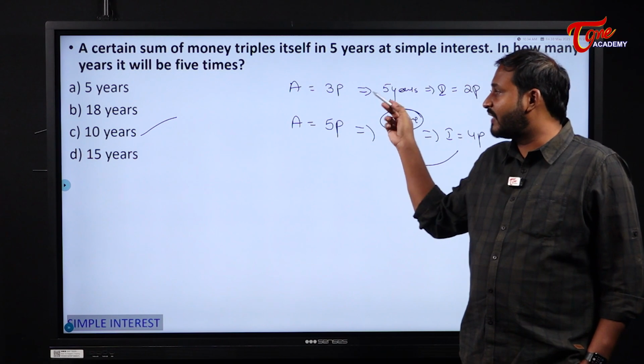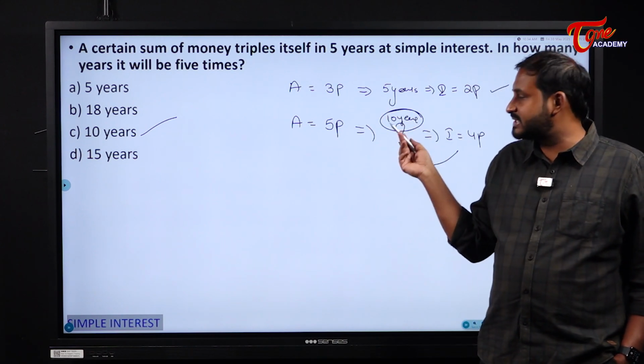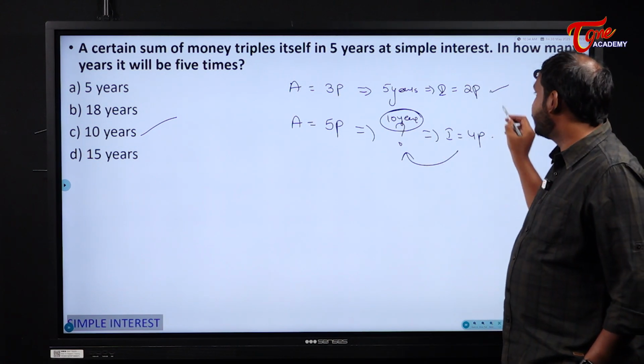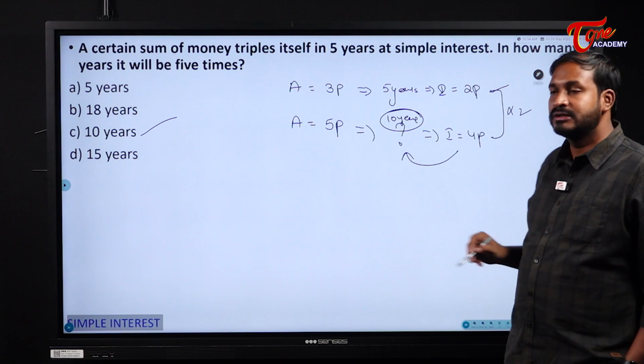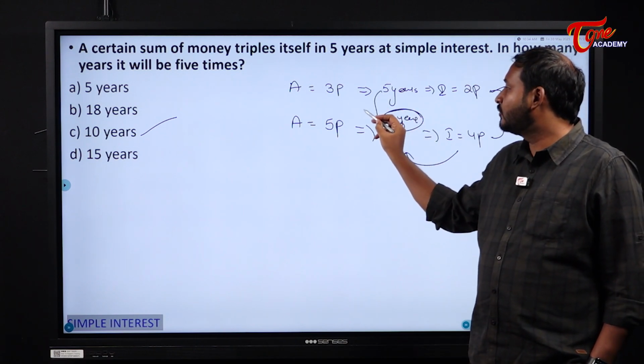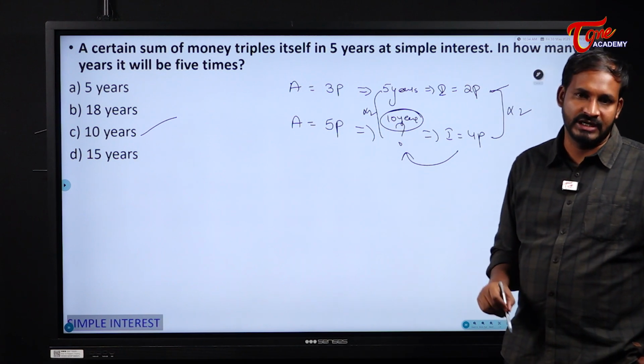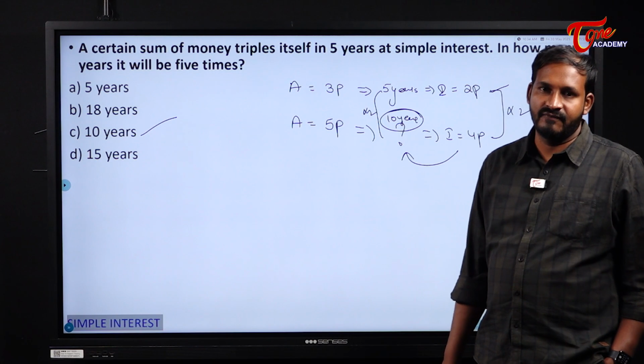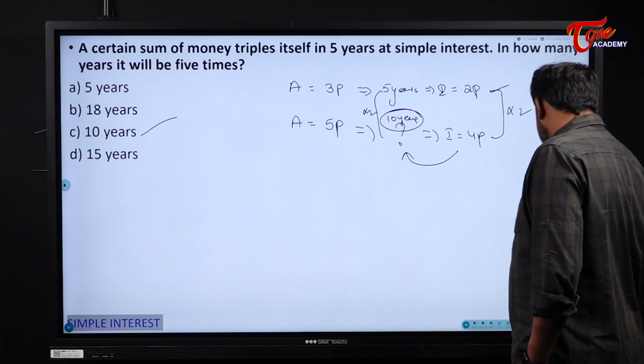Amount to become 5 times itself, in some x years, gives interest earned of 4p. What is the relation between these two, students? Into 2, right? So similarly here also into 2. 5 twos are 10 years. That means in 10 years, it will become 5 times of itself. Okay? Next one.